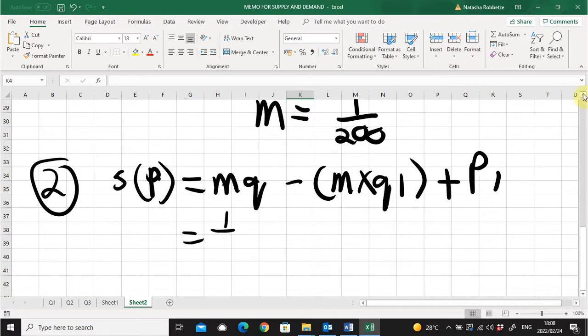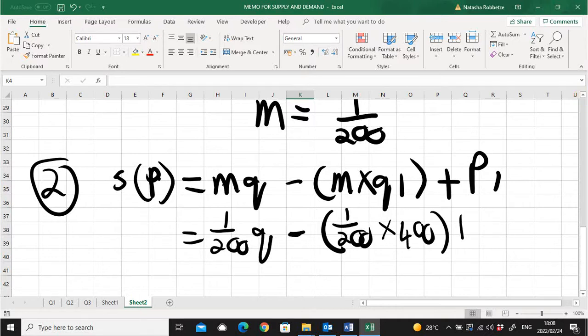M we know is 1 over 200Q. Then we have minus M, which is 1 over 200, times Q1, which I believe was 400 units. Plus P1, I believe that was 5 Rand. Right.